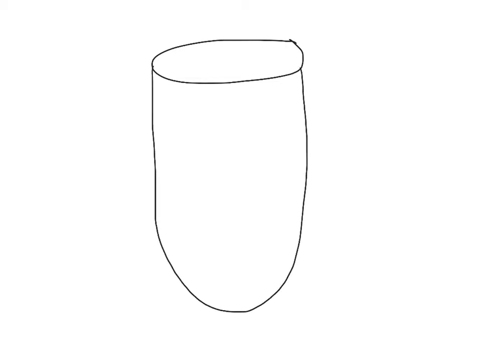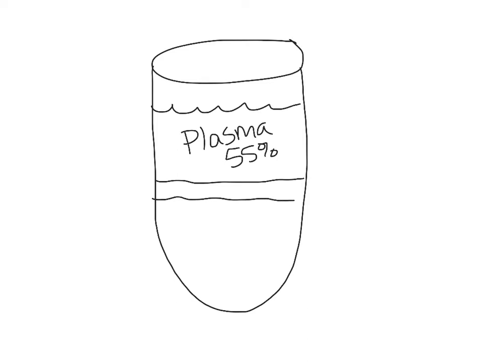Okay, so we have a test tube. Oh, that's a really awful looking test tube. Okay, and if you draw blood and you centrifuge it, you're going to find that on the top we have the plasma, and the plasma is going to be about 55%, and then there's going to be a little buffy coat in here, and that buffy coat is made up of leukocytes and platelets.